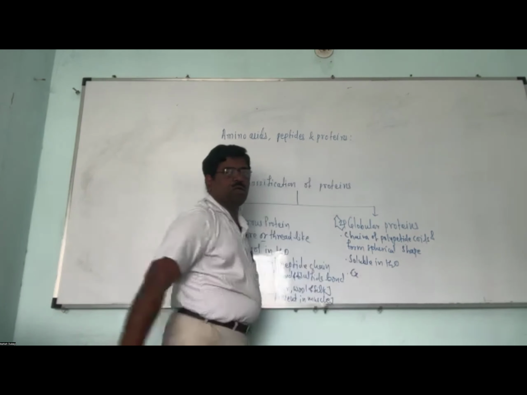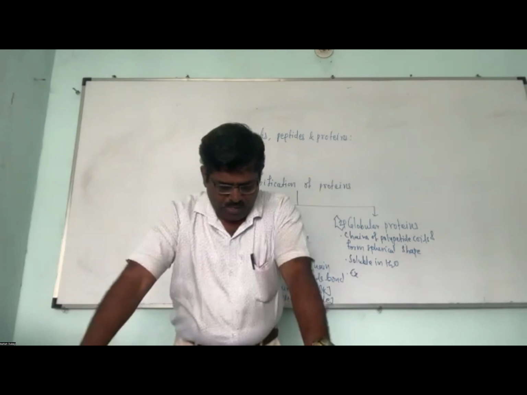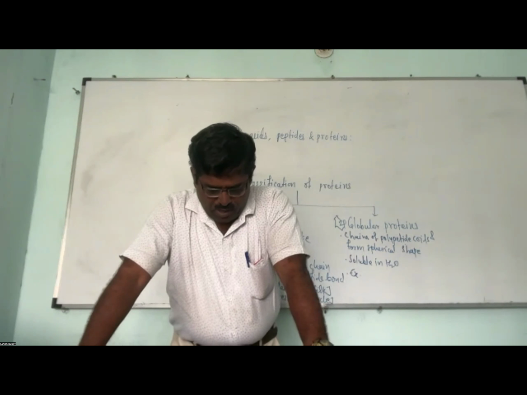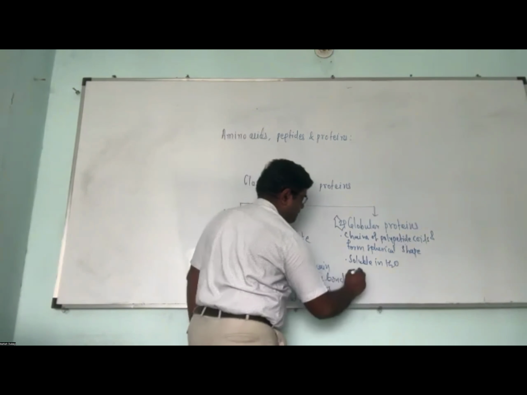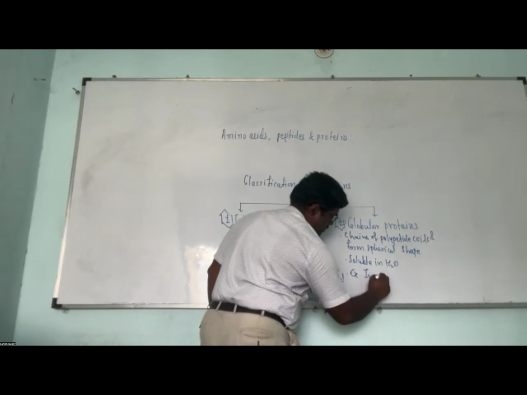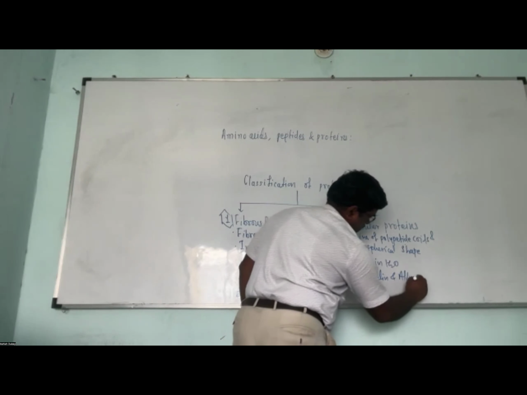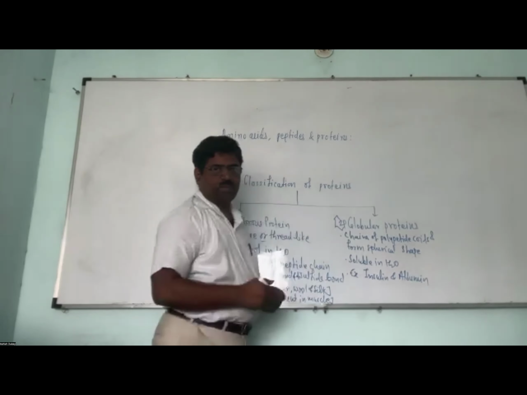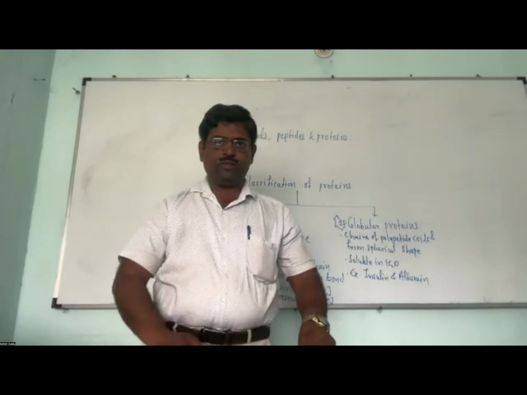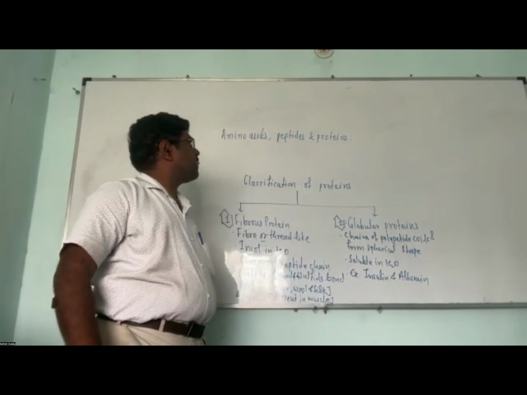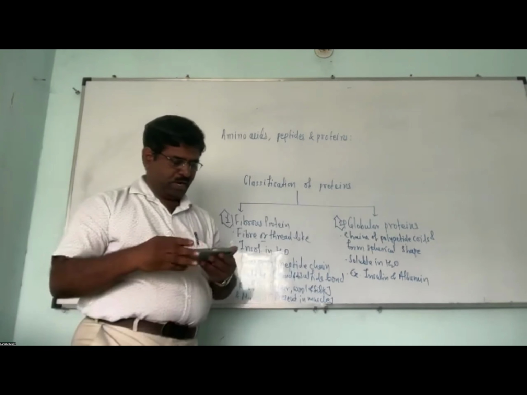Best examples of globular proteins are insulin, albumin, etc.